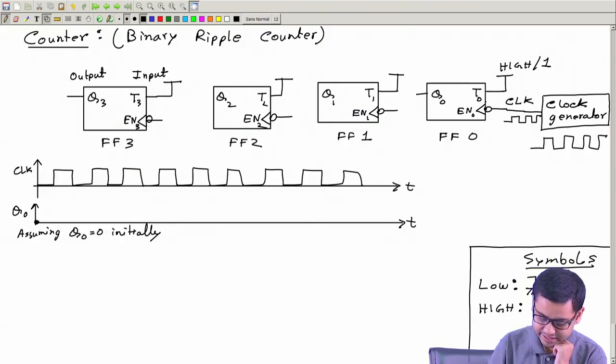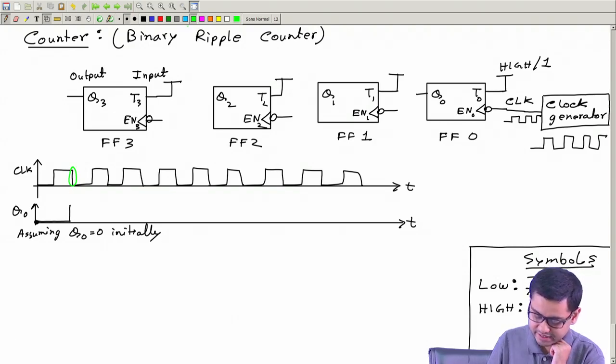So where is the next negative edge? The next negative edge is here. So then this Q0 will change from 0 to 1 here, because this T is always 1. That means whenever a negative edge, a falling edge, comes, Q0 will change.